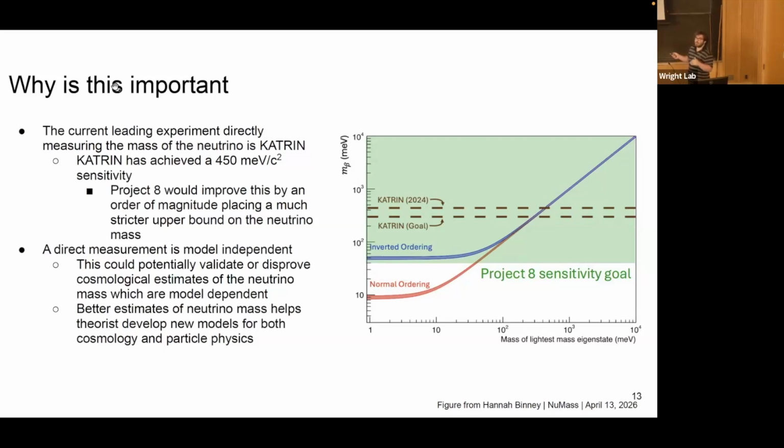So the three different eigenstates, we know how they differ, but we don't know their absolute mass, if that makes sense. And so this blue band is the inverted ordering. This red band is the normal ordering. And there's a point here where they kind of converge. So if the masses are in this range, we can't rule it out, but if they're in this range, we can then tell.